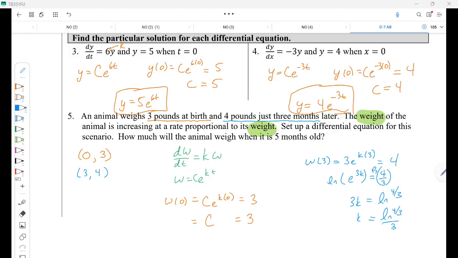We can write our final answer. Might take us 1 or 2 lines here. So we end up with W equals 3 e to the ln 4 thirds over 3 t, e to the kt.